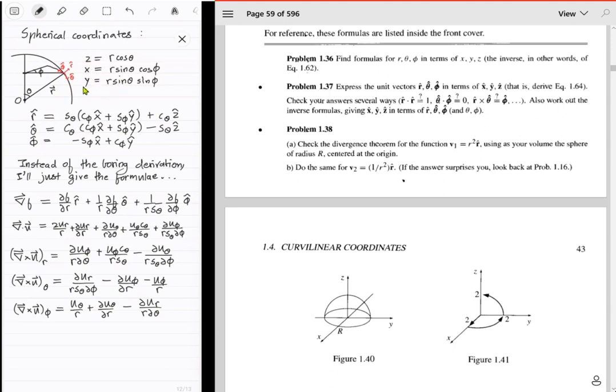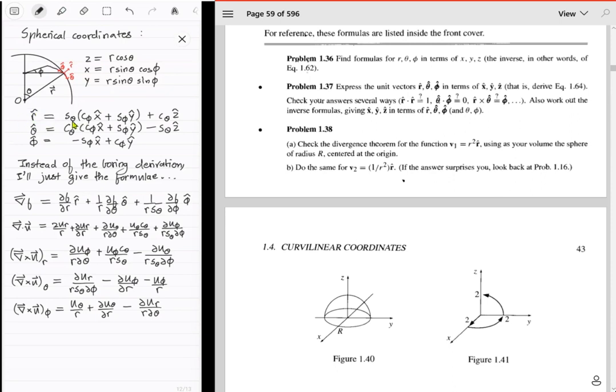Well, x x hat plus y y hat plus z z hat is what the r vector will be. Just divide by r, and there you go. So you get sine theta cosine phi x hat plus sine phi sine theta y hat, plus cosine theta z hat. Easy as that, right? That's what r hat would be.